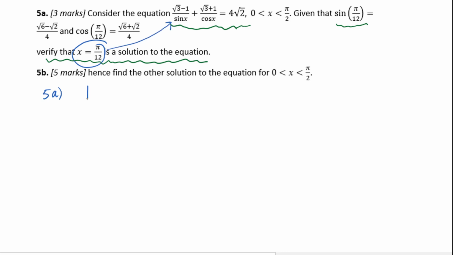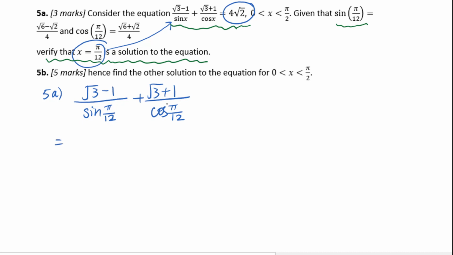So we have square root of 3 minus 1 over sin pi over 12 plus square root of 3 plus 1 over cosine pi over 12. We need to figure out the answer is 4 square root of 2. We do know sin pi over 12 is given, this one.